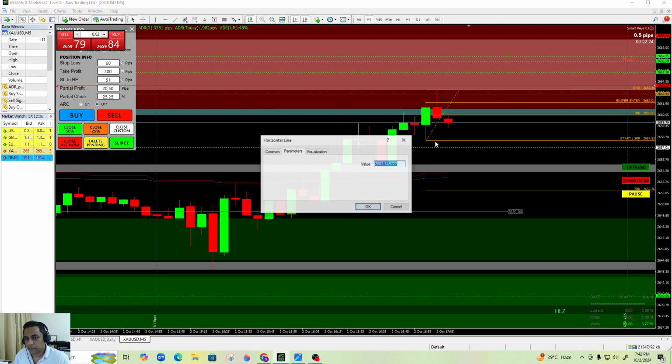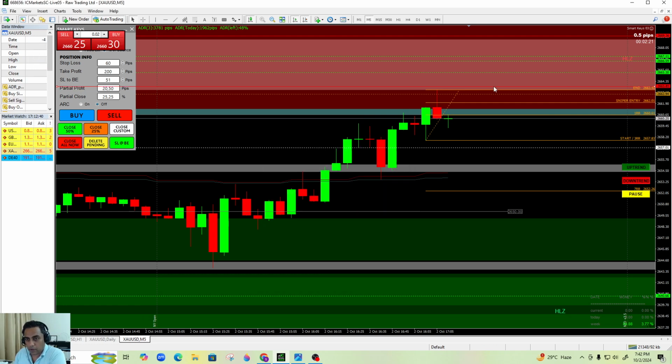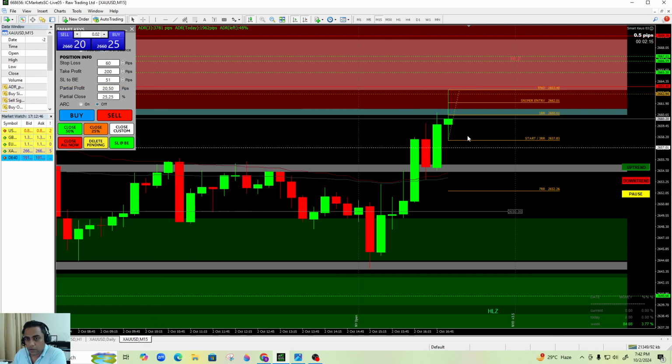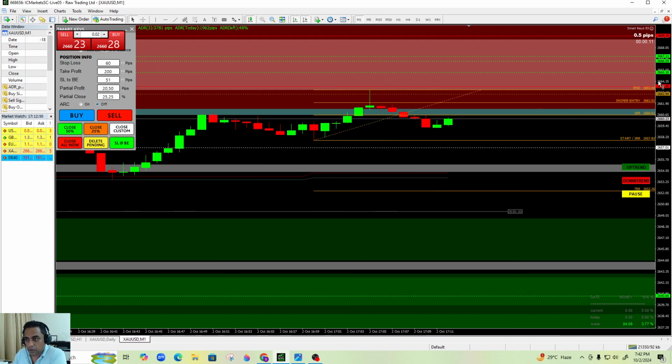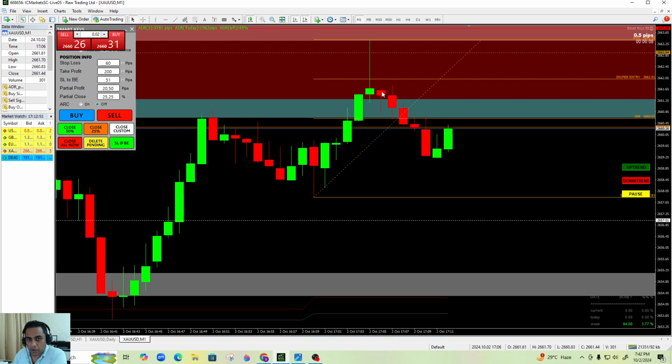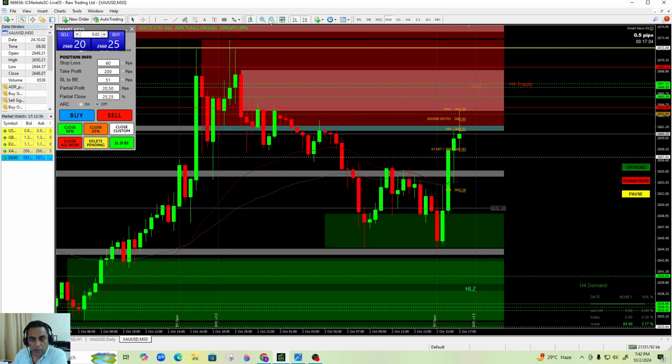Yeah, roughly about there, stop loss. Let's see how the candle closes. Yeah, it did grab liquidity from there. So it touched that candle perfectly.